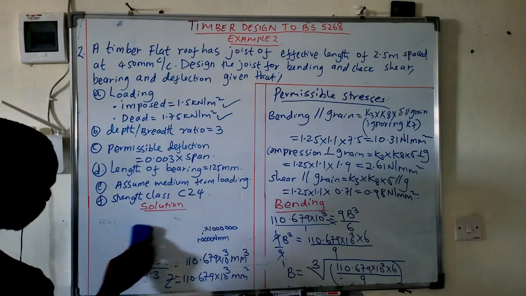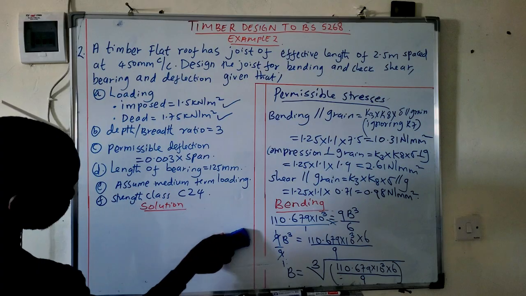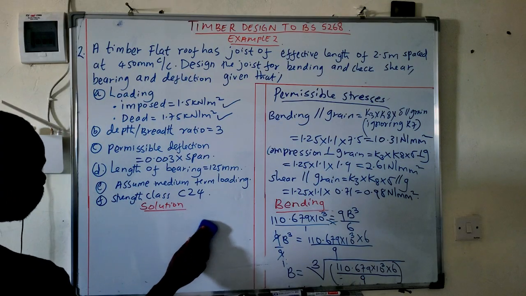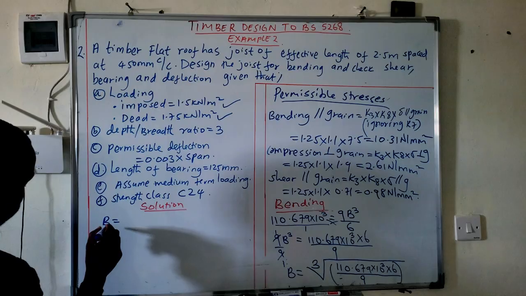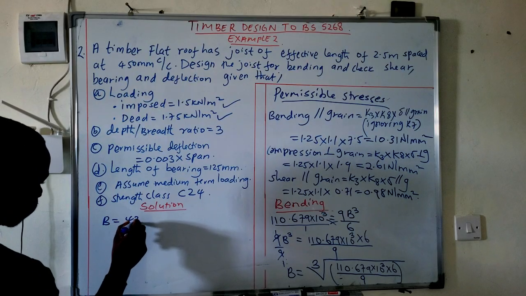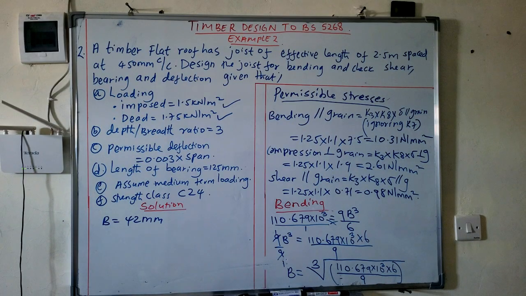Let me create space again here. So the value of B is 42 millimeter. If you round it to a whole number, you will find it to be 42 millimeter. So we have calculated the value of B, and remember we are dealing with timber.